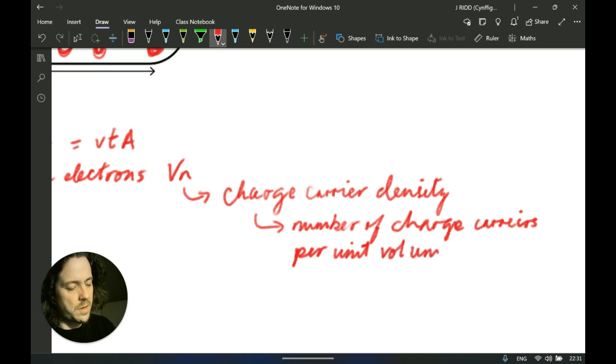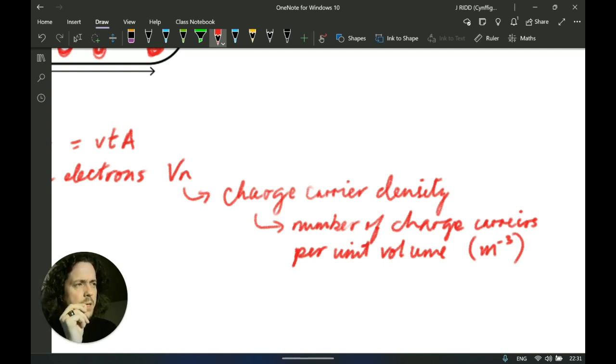So as such, it has a unit of meters to the minus 3. And just to conceptualize what it means, if I had a material like gold, and let's just imagine I had a cubic meter of gold, that would be wonderful. Then I could quit teaching and that would be great.